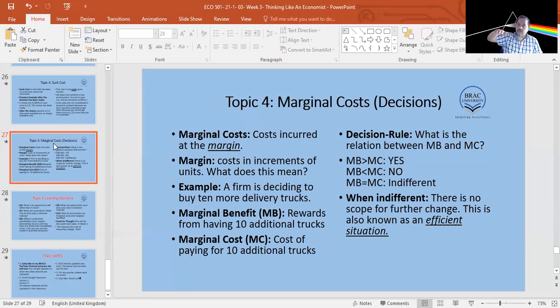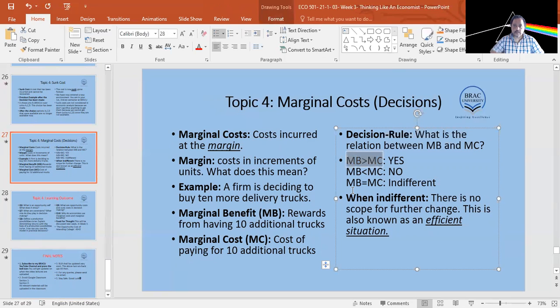So if the benefit is here and this is the cost, if we see like this, then we see marginal benefit is better than marginal cost. That means our additional benefit from the activity is more than the additional cost. So we have an incentive to go for the next unit.